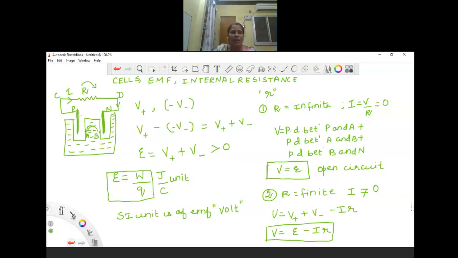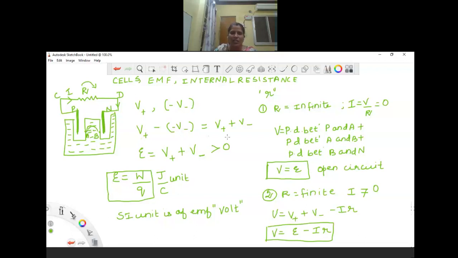When no current is drawn from the cell, or when no resistance is there, what is the EMF? That is the potential which remains the same throughout the electrolyte, throughout the liquid. So we have taken V plus minus V minus.